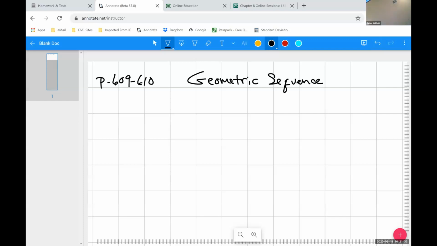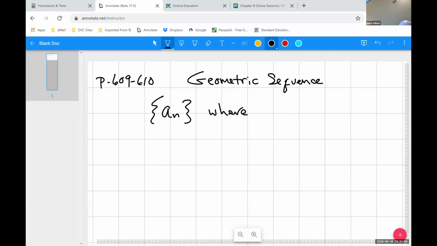Okay, so what is a geometric sequence? It's a sequence, so we have an a sub n. It's a list of numbers. But it's a sequence in which the way you get to the next term is by multiplying by a number.